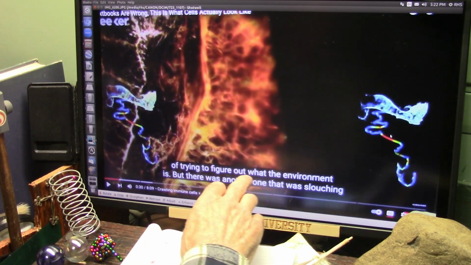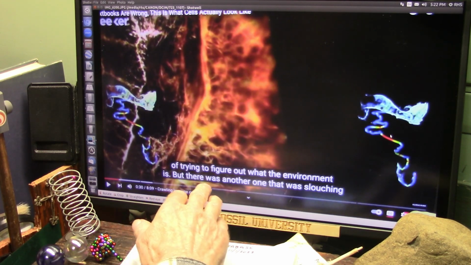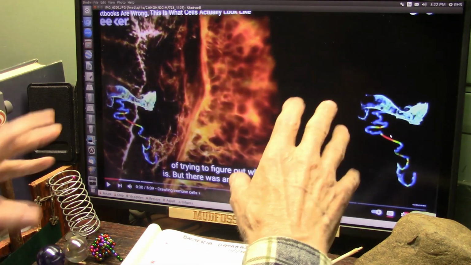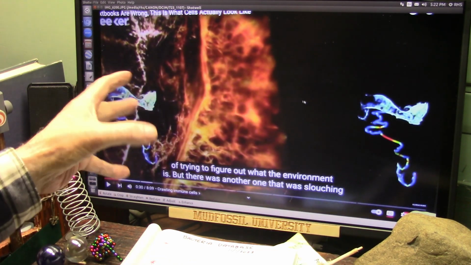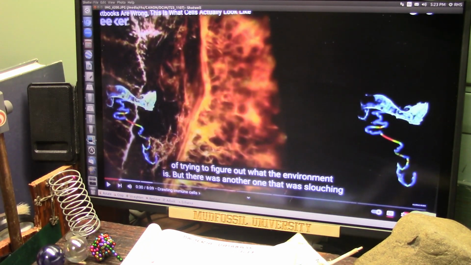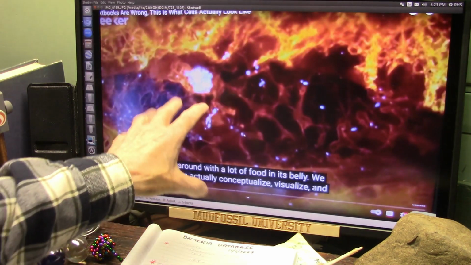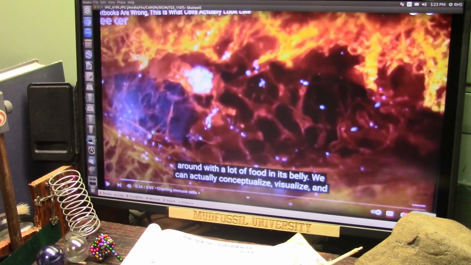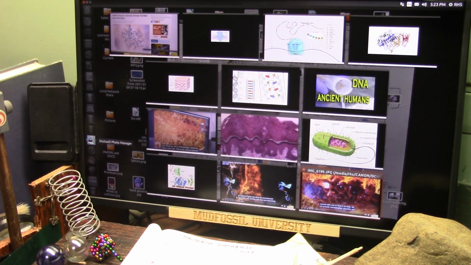So they're trying to figure out what the environment is. But there was another one that was slouching. They're just sort of hanging around, laying around, looking for what to do, and then they go report to the bacteria. Then the bacteria goes running around scooping stuff up like this and delivers it. It's that type of thing. There's a lot to learn here. I don't have all the answers, trust me.